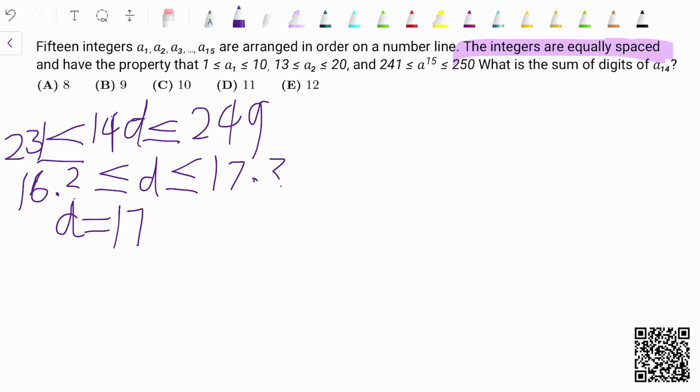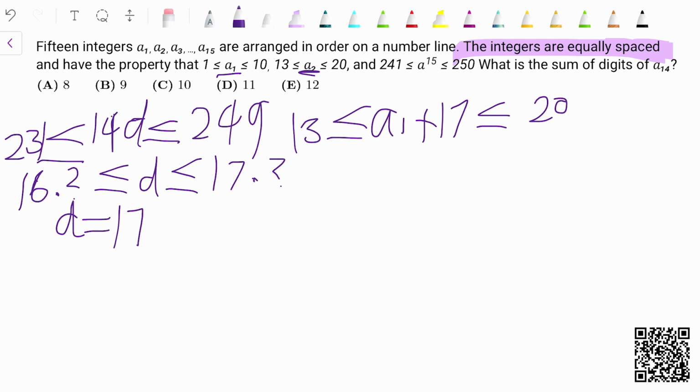However, we don't actually know what A1 is. If we knew what A1 is, we could just add 17 multiplied by 13, getting you A14. However, we don't, so we need to test this out. A1 plus d, which is 17, would get you A2, and it has to be less than or equal to 20 and greater than or equal to 13, utilizing the second equation here.